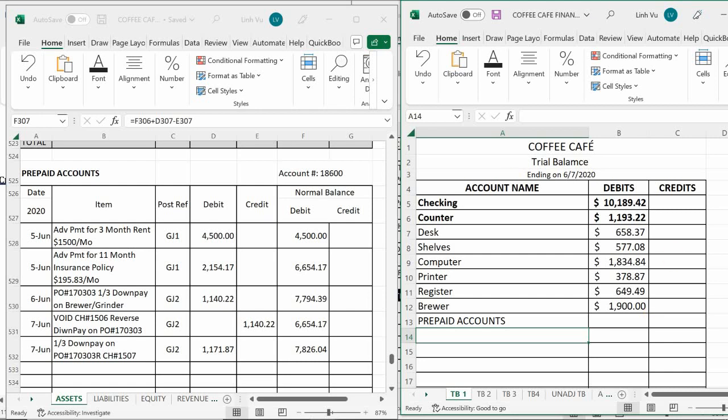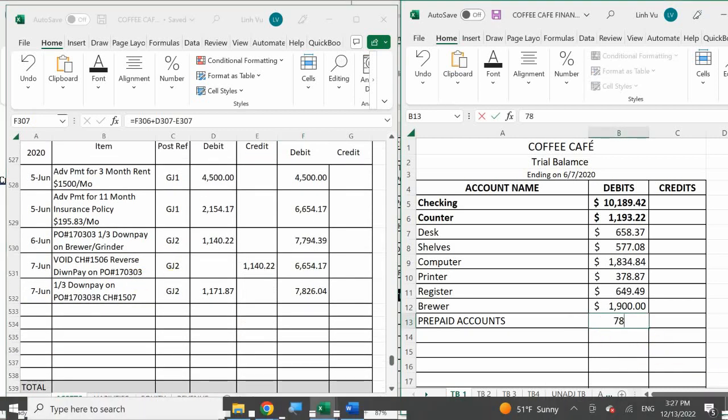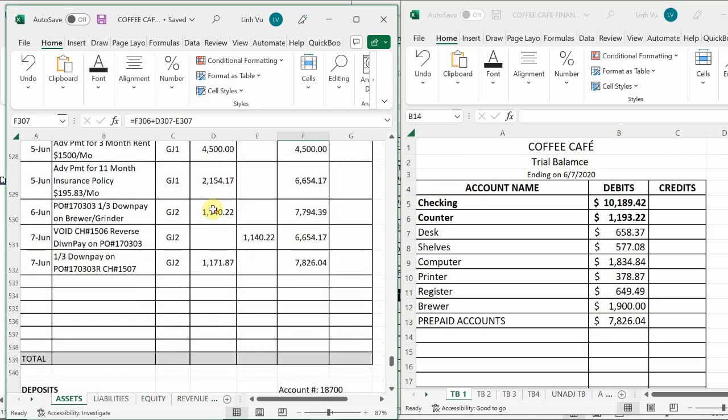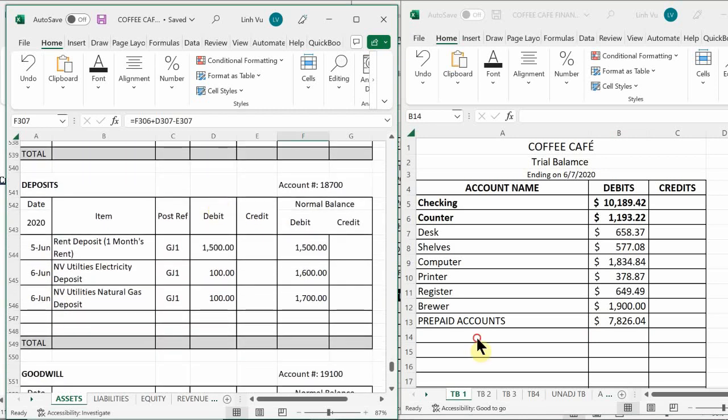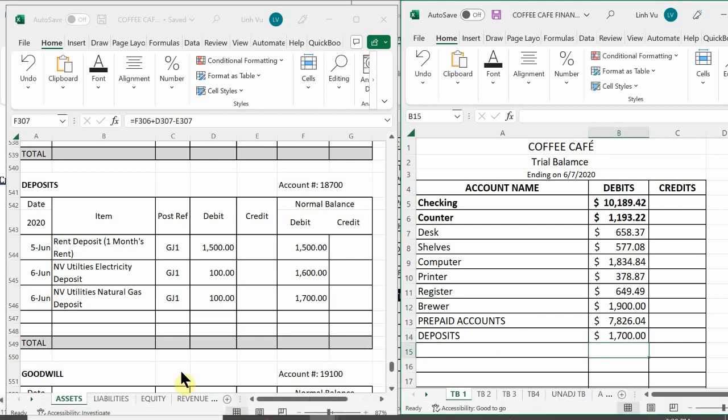Okay? So prepaid accounts is currently at $7,826.04. Okay. 7,826.04. Okay. Your deposits is currently at $1,700 on the debit side.